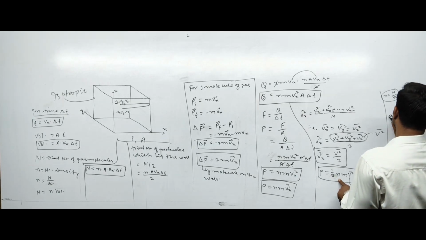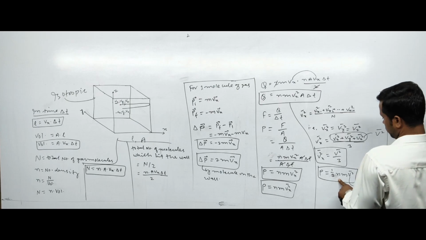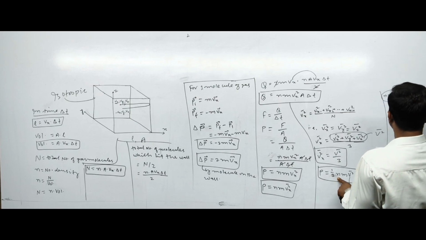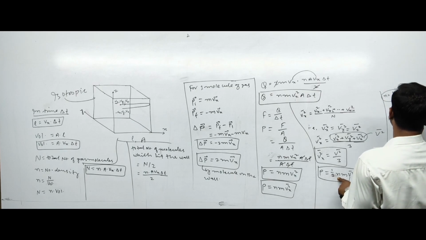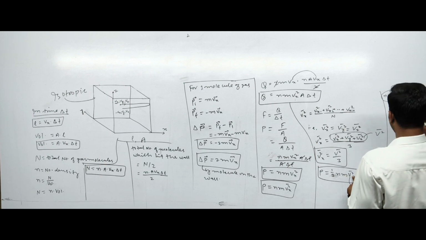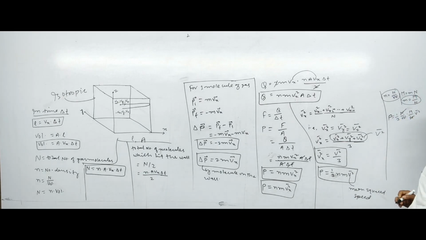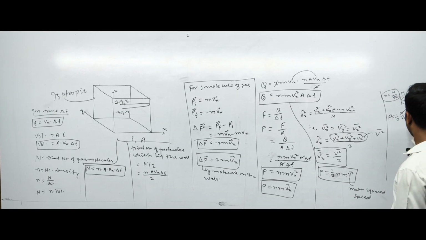Just put these values in this equation. So P equals 1/3, and in place of small n we use capital N upon volume, and in place of small m we use capital M upon capital N, and we have V square bar. Capital N cancels out, and mass upon volume gives the density.